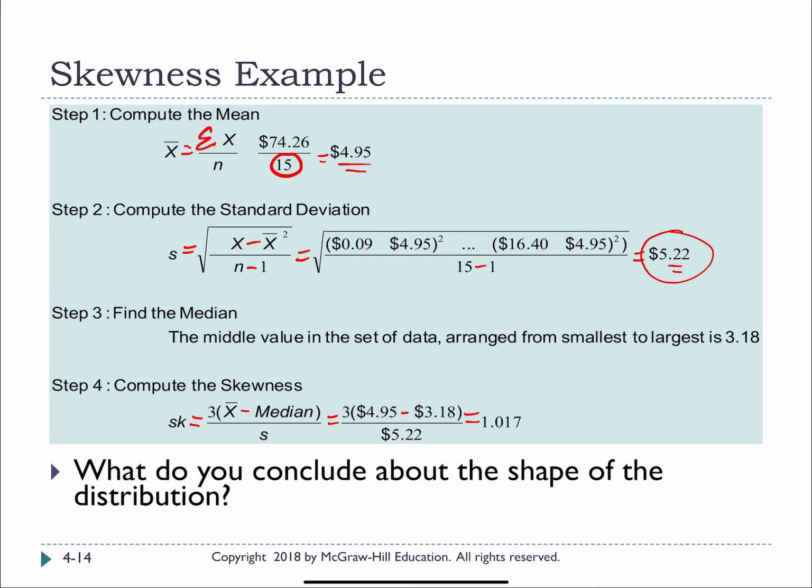And so we get a coefficient of skewness of 1.017. So what would we conclude? We would conclude that this data is moderately positively skewed, right? It's not extremely positive because it's not too close to 3, but it is definitely positively skewed data.